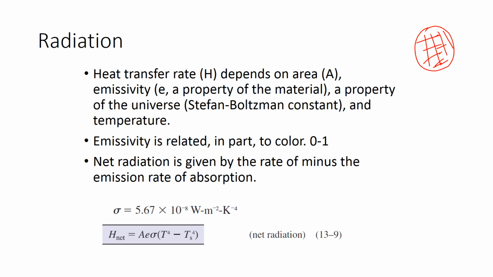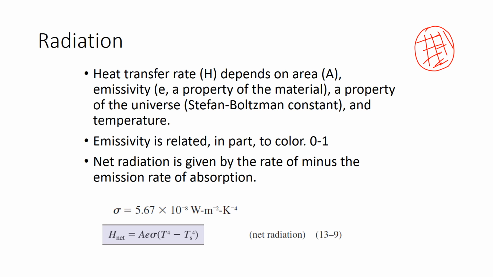So a perfect mirror would have an emissivity of 0, and a perfect absorber would have a reflectivity of 0 or an emissivity of 1. So we're concerned with emissivity here, looking for values between 0 and 1.